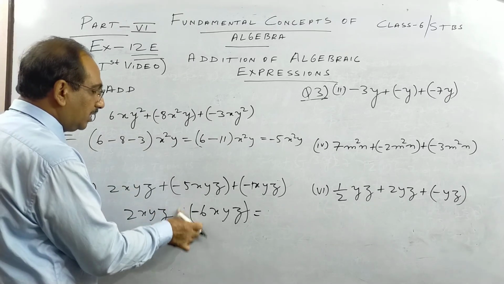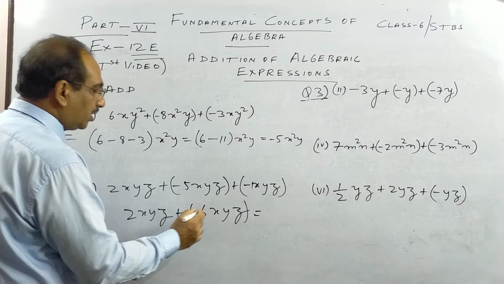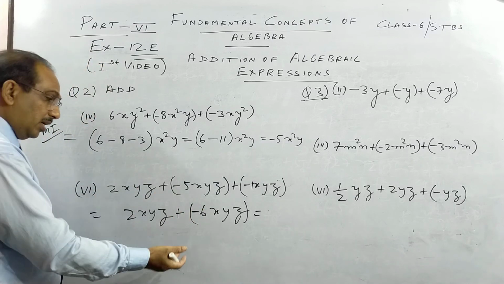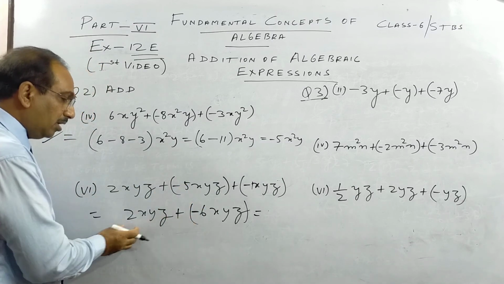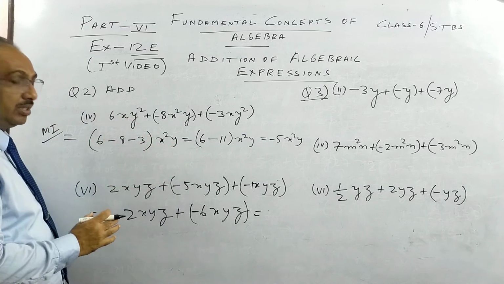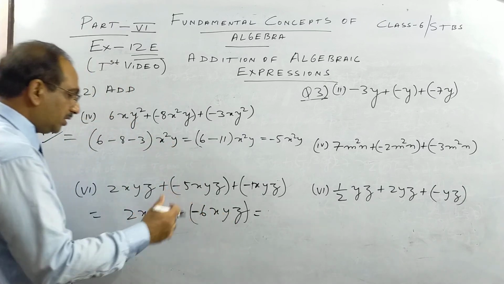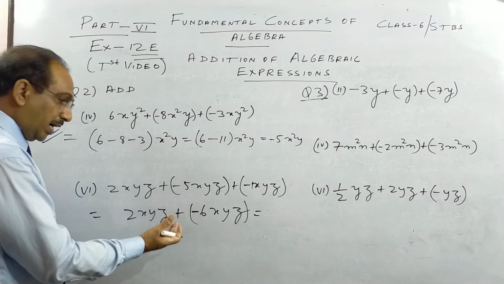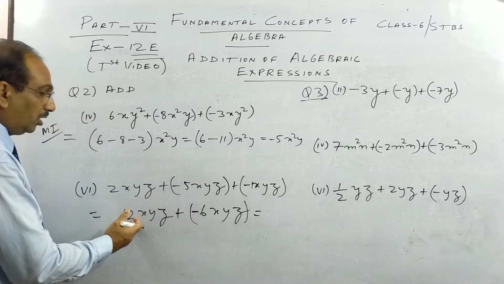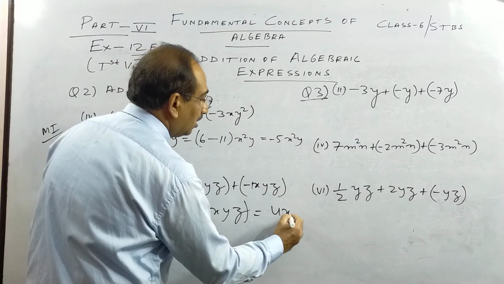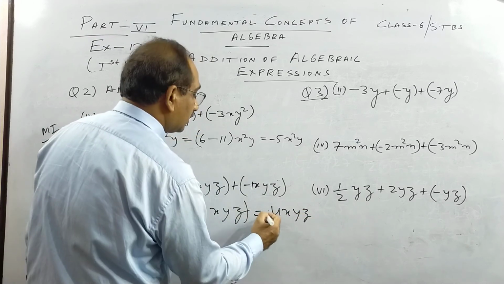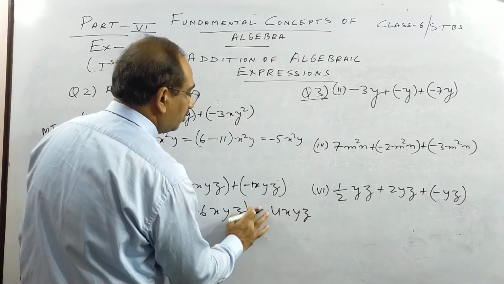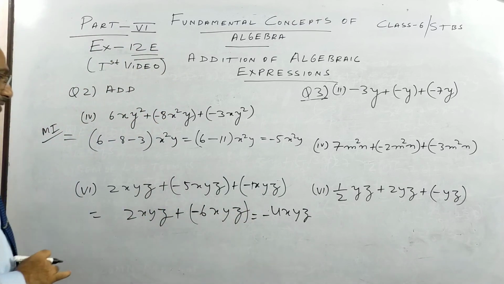That's why you should see the integers chapter nicely, because we are here basically dealing with addition and subtraction of integers, because like term remains like term. So minus 6 plus 2, 1 minus 1 plus, so subtract the smaller from the larger and put the sign of the larger.